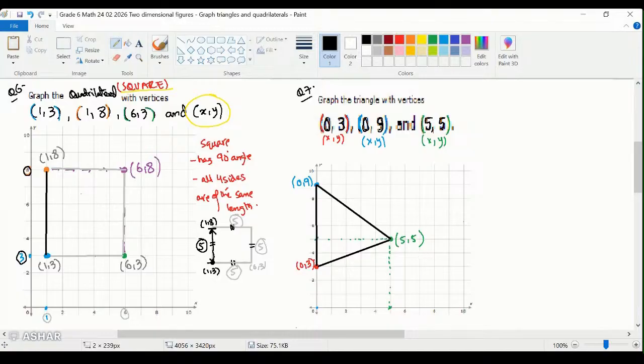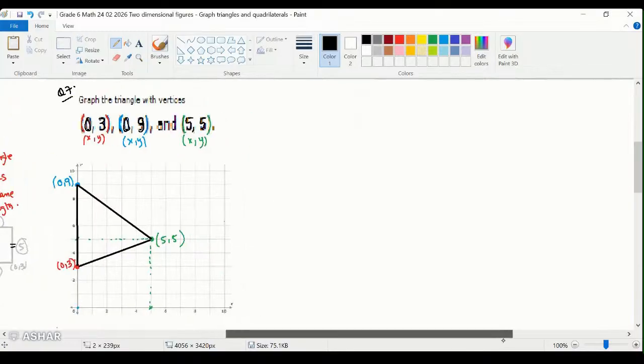Let's have a look at another example. Let's do another question in which I will do another quadrilateral, okay? I'll do the triangle first, then we'll do a quadrilateral.